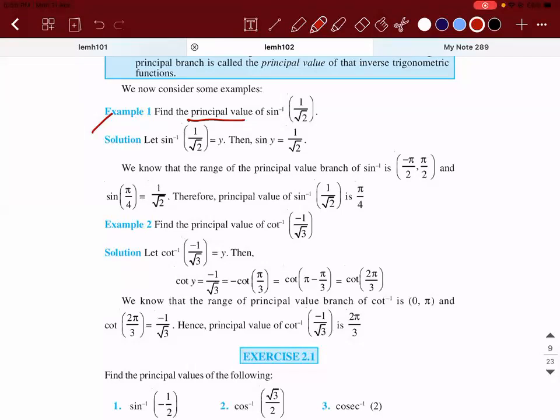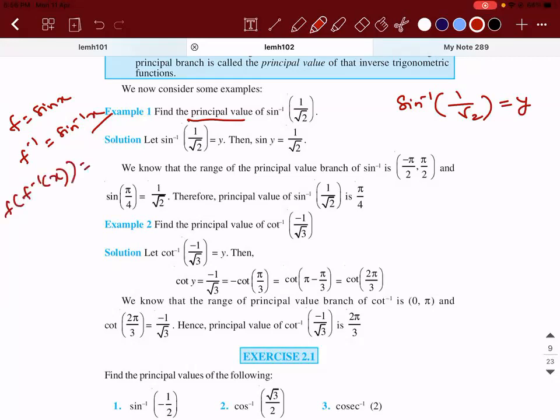It's the same logic again. First you will say sine inverse of 1 by root 2, you will call it y. Within the restricted domain, if f is sine x, f inverse is sine inverse x. Now tell me what will f of f inverse of x be? Sine of sine inverse x.